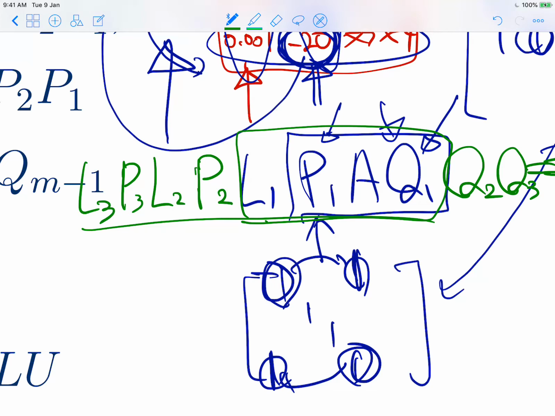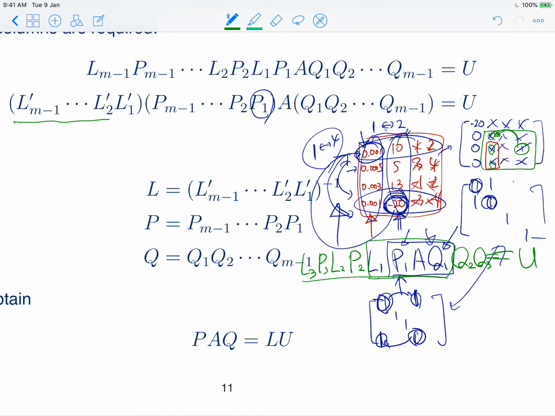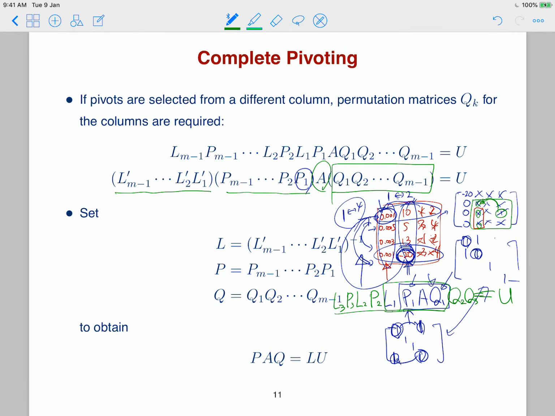So in that case, we can just represent it in this form: all the L primes and all the row permutations on the left of the matrix A, and all the column permutations on the right of the matrix A. So this is the form of the LU factorization with column pivoting, with all the L's and P's, A, and all the Q's, which are column pivoting.